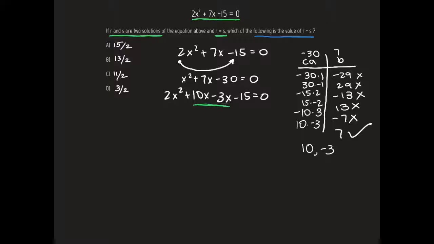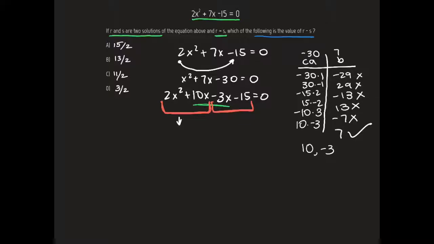So we'll group 2x squared and 10x, and factor those two. Then we'll take our next group, which is negative 3x and negative 15, and we'll group those. Those will be our two groups. Now let's factor those. For this one, what's our greatest common factor?